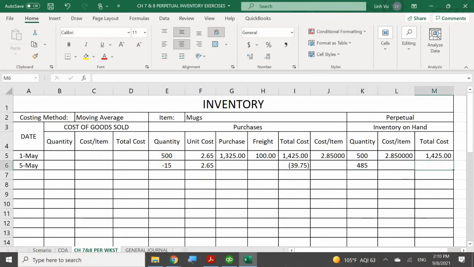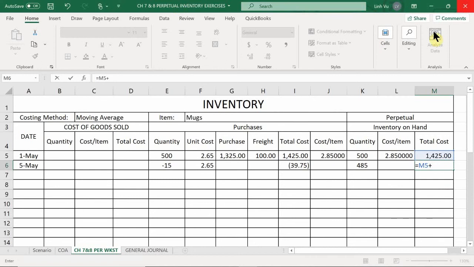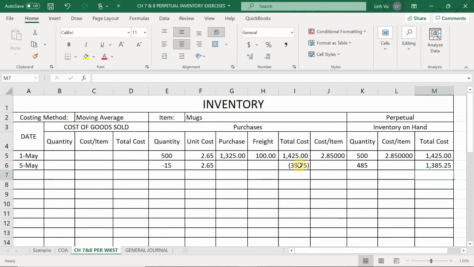And same thing here, we have to take out from our 1425 the $39.75, to bring us down to $1,385.25.